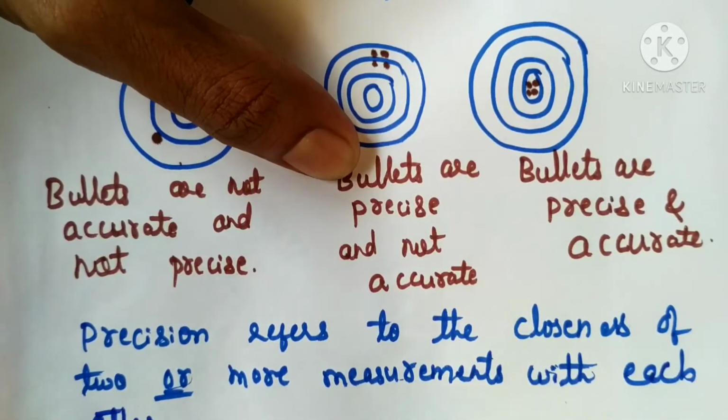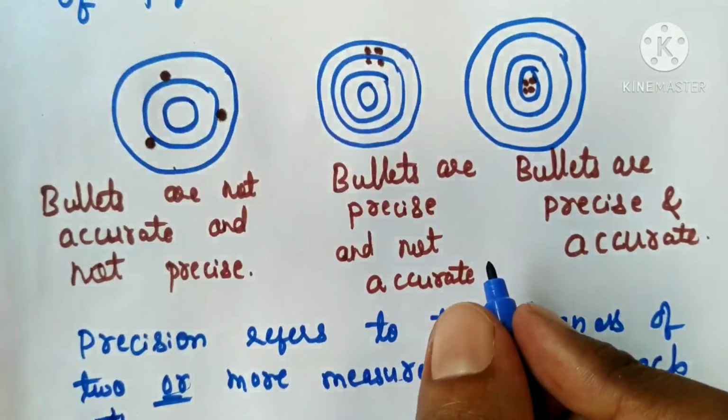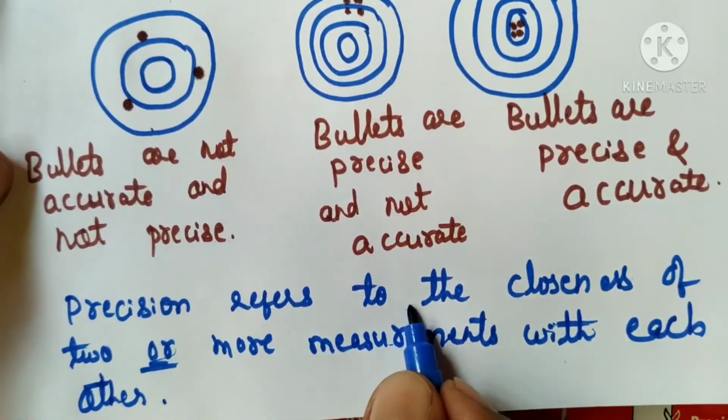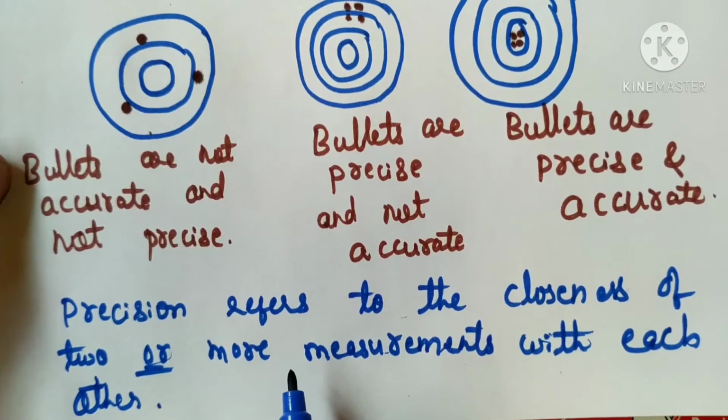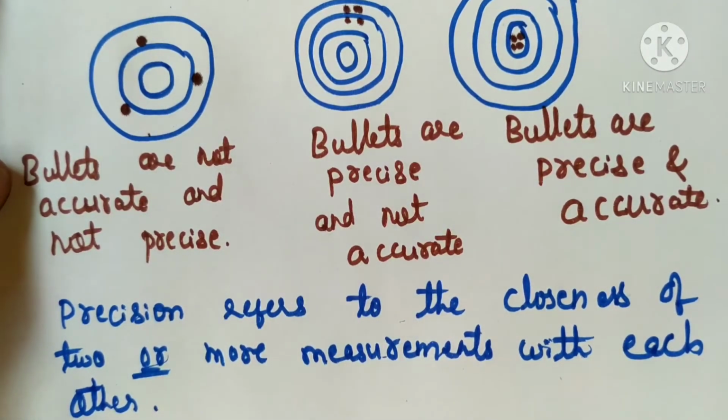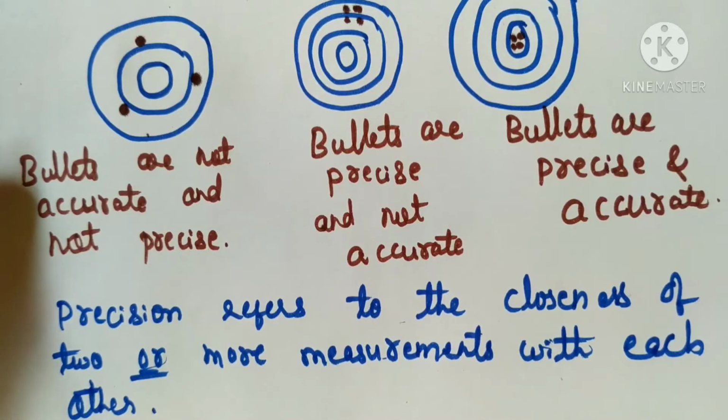That is the definition of precision. Precision, it refers to the closeness of the two or more measurements with each other. The measurements, whatever the measurements we are doing, they should be close with each other. Then we can say that the measurements are precise.